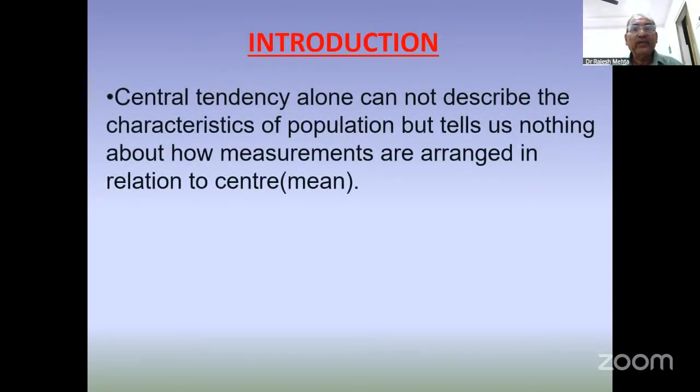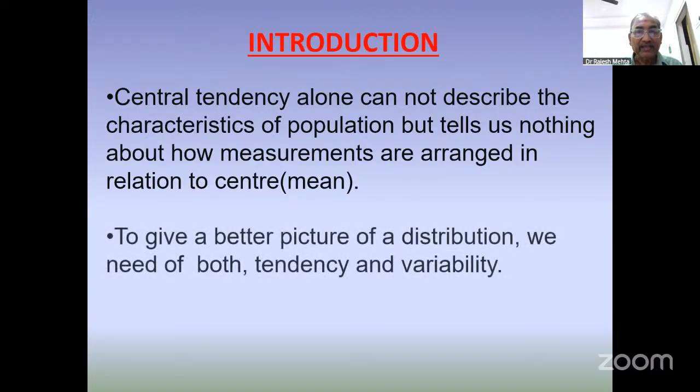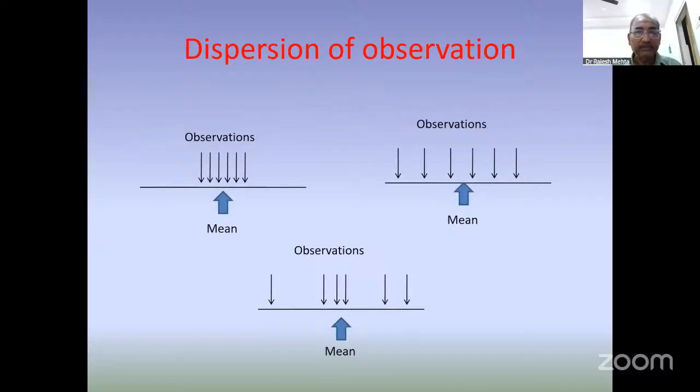Central tendency or central value alone cannot describe the characteristic of a population and tells us nothing about how they are dispersed around the center. And that's why, to get a better picture, we need variation as well as central value. Look at this. If you can see the observations, this and this, both are the same.